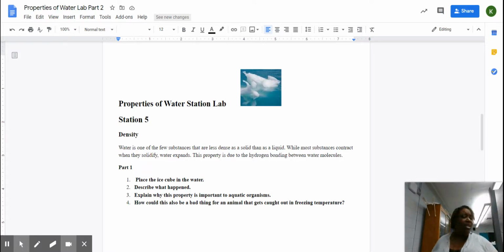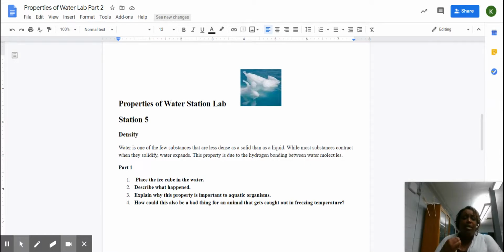And I'm going to give you a little hint for number 3. First of all, we know aquatic means they live in water. And think about it. If the water is somewhere where it gets really, really cold, like in Alaska, think about why it is important for ice to float to the top when water freezes in relation to a pond or a lake.